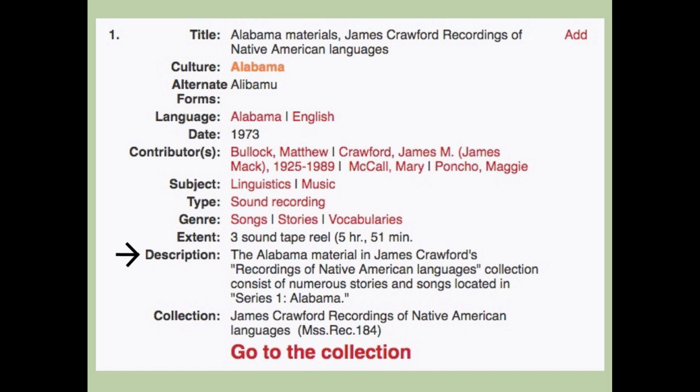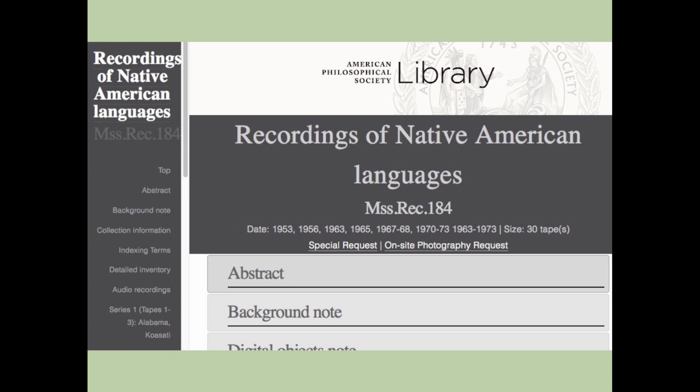In this example, the description says that the Alabama materials in the James Crawford recordings consist of numerous songs and stories located in Series 1, Alabama. So a series is like a section within a finding aid. You click on the link, you go to the online finding aid. On the left-hand side, there's a menu you can scroll down in, and this shows a lot of the different sections of the finding aid. If it's a really long finding aid, it will have multiple sections.